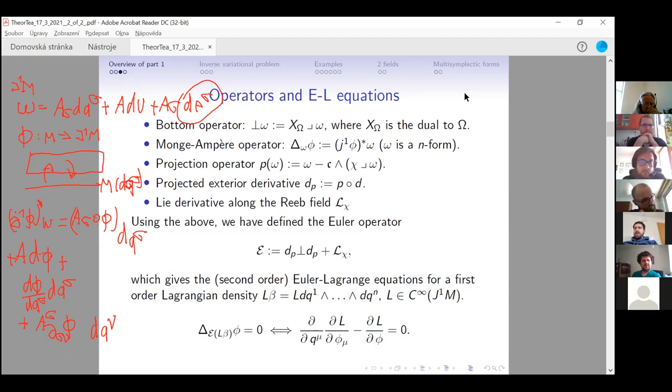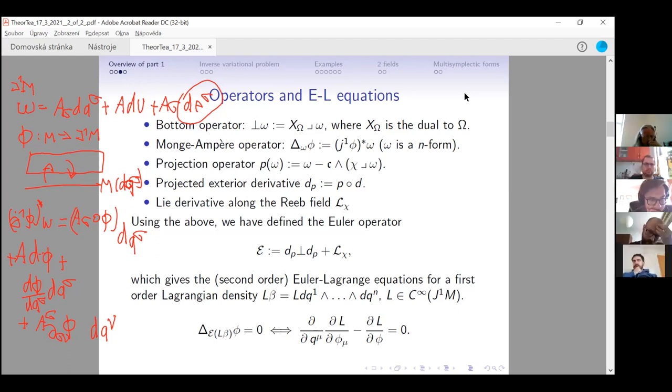But if you're not mixing phi's with the q and doing coordinate transformations on q, then you're fine, and this is all covariant. I'm saying you don't really want this to be invariant under all the changes of diffeomorphism over J1M.